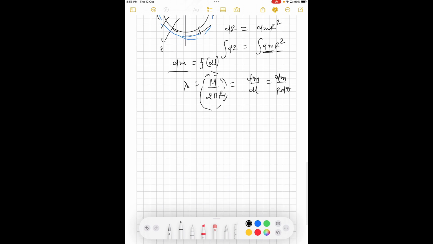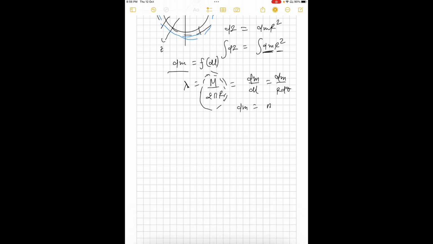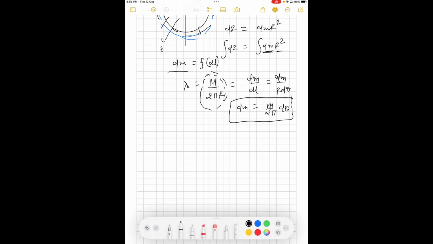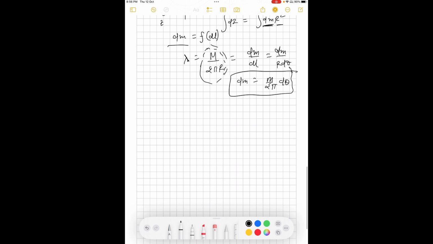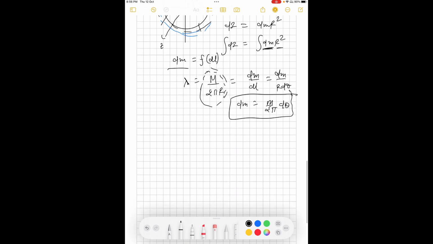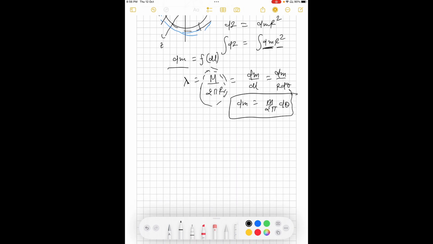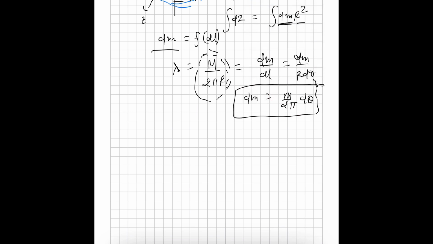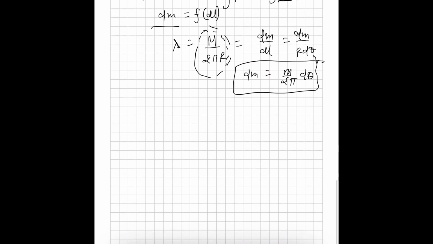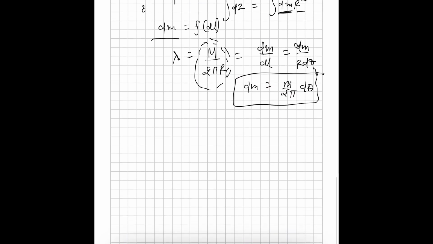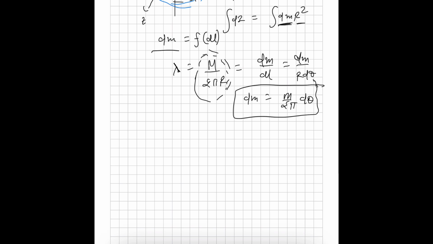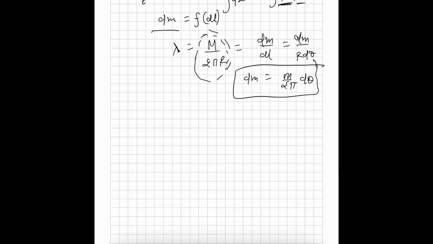Okay, now dm will be equal to M over 2 pi d theta. So I got this relation over here: dm is related to M over 2 pi d theta.